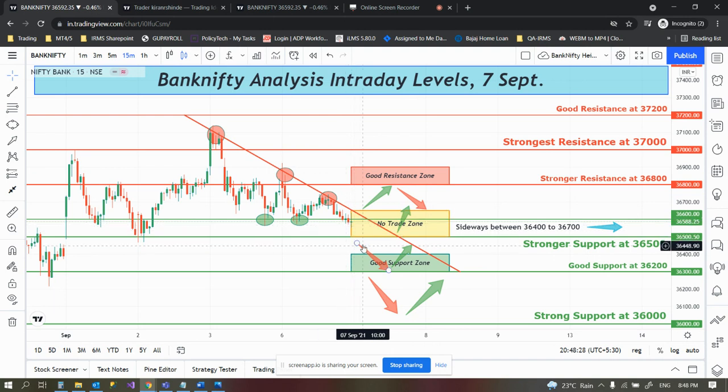Next is, if the market opens gap down below this particular level, that is the strong 36,500, then we can see a downfall up to this level and a good bounce back as well. Then how to trade: if the market bounces back from this particular level, we may see resistance at this trend line and this major resistance, as the support, once broken, would act as a resistance.